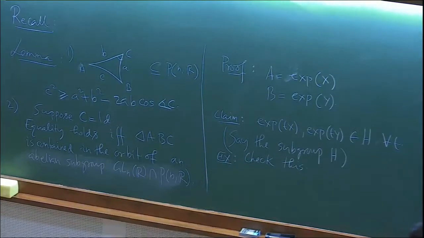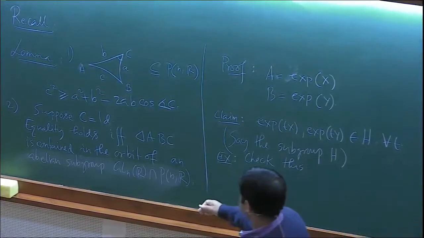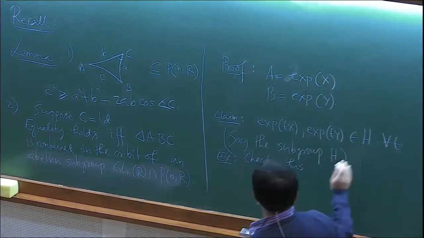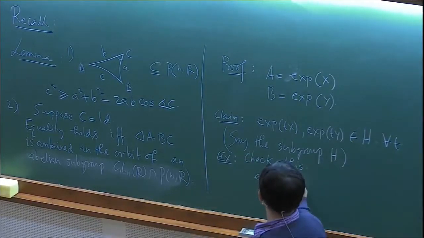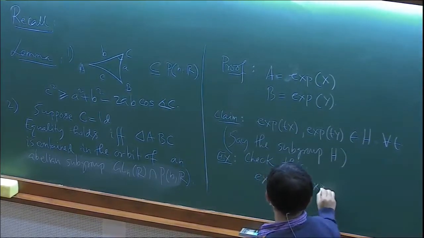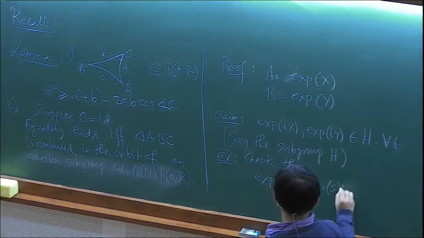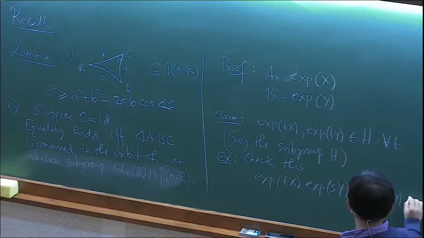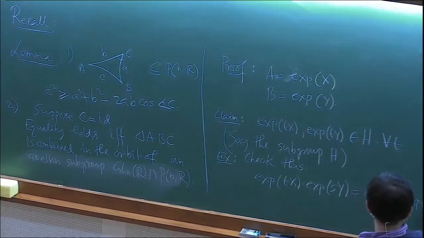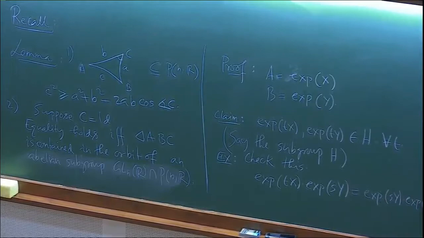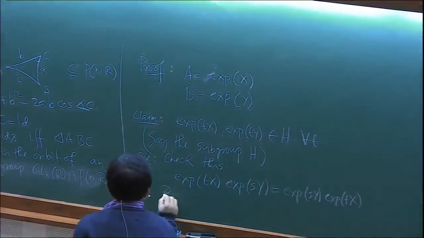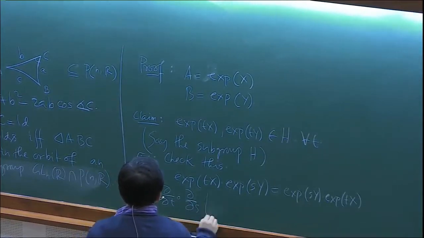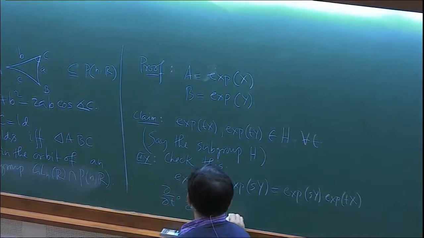And so how do I then complete the proof? The easiest way to see it is that, since H is abelian, exponential tx times exponential sy is equal to exponential sy times exponential tx. Then apply the partial differential operator: first apply del/del t and then del/del s, and evaluate at 0, 0.